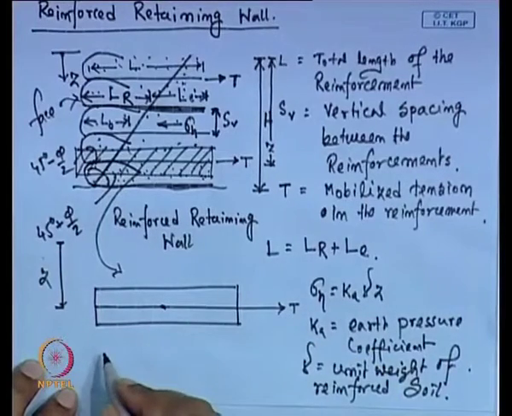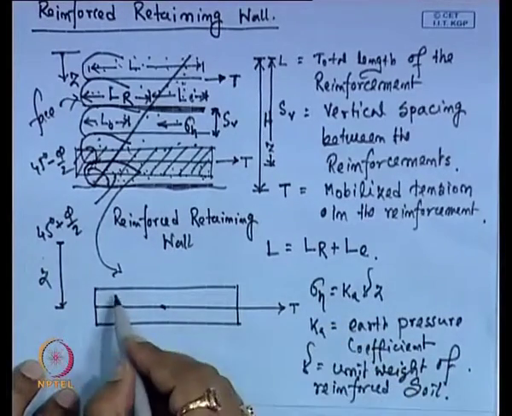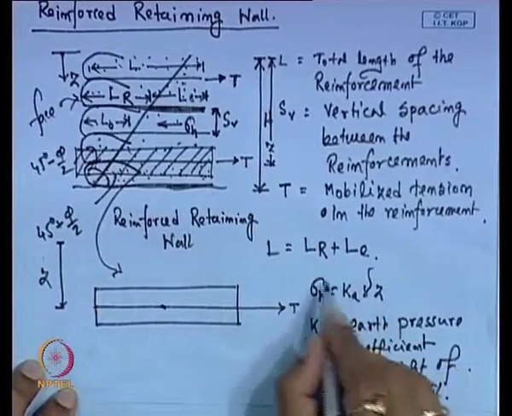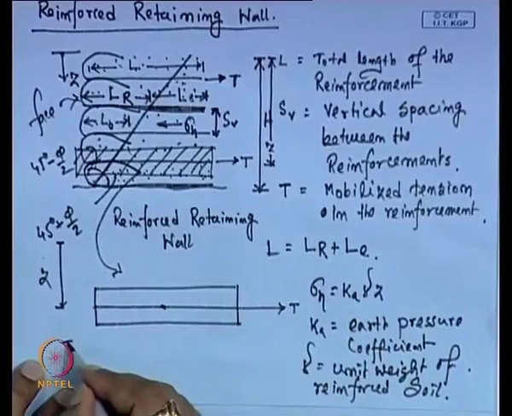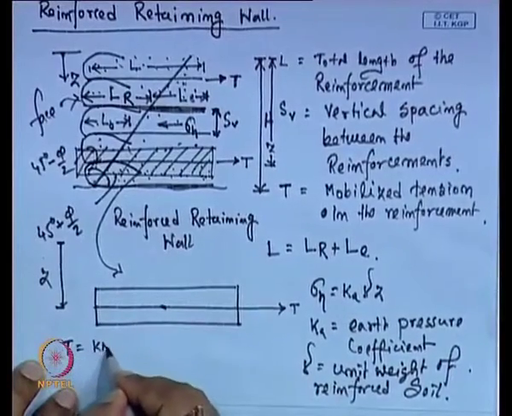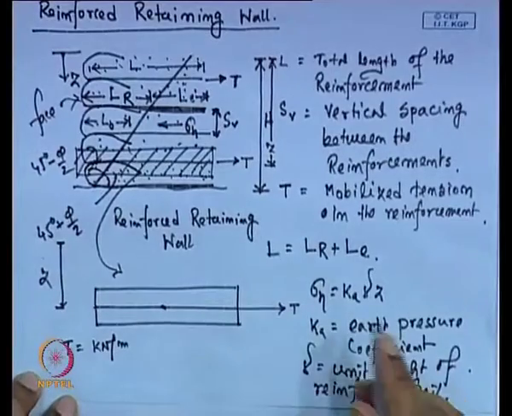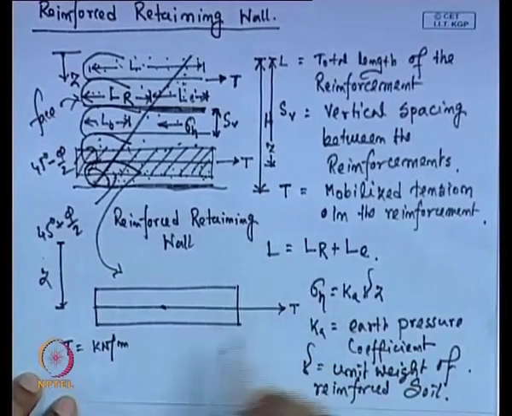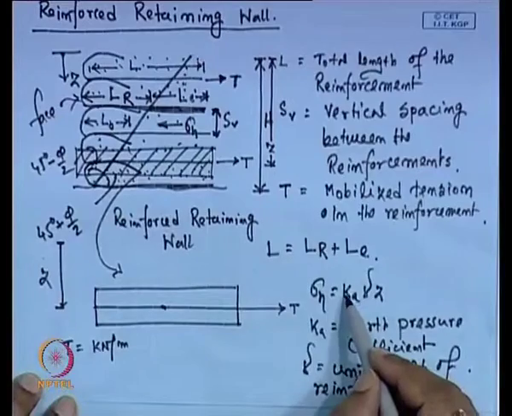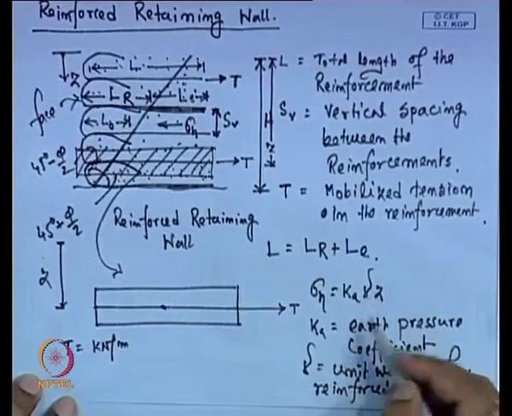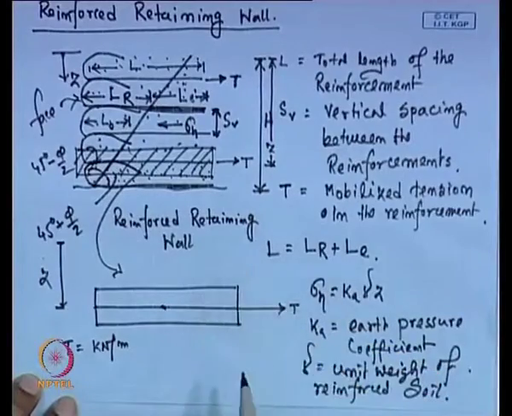Now, this sigma h is basically taken by this T tension force. So, this is sigma h, and the unit of T is kilonewton per meter. This is the force per unit length, whereas here the unit is kilonewton per meter square, so you have to multiply it with some length.